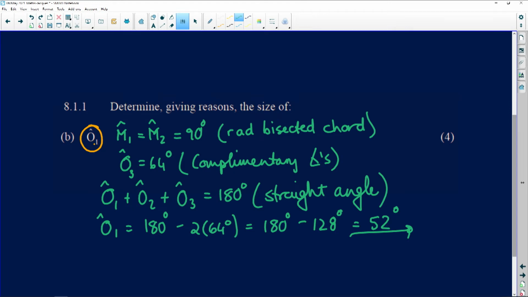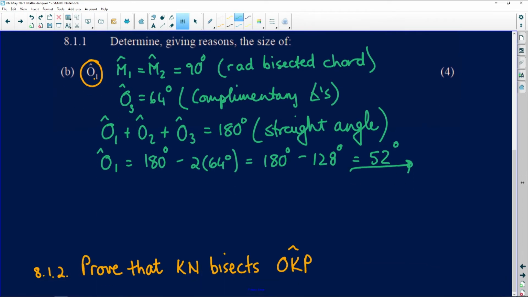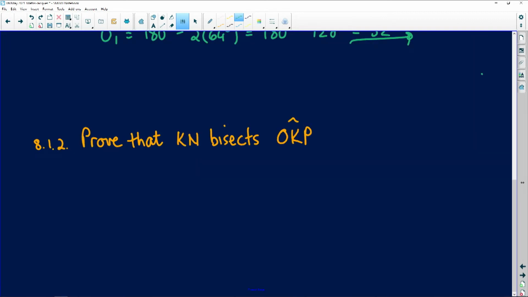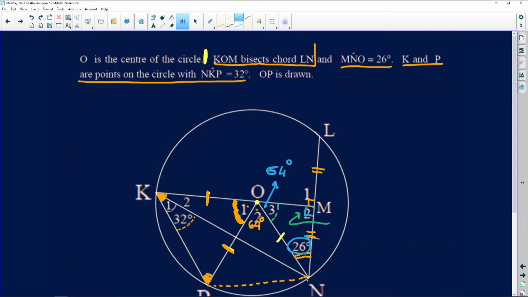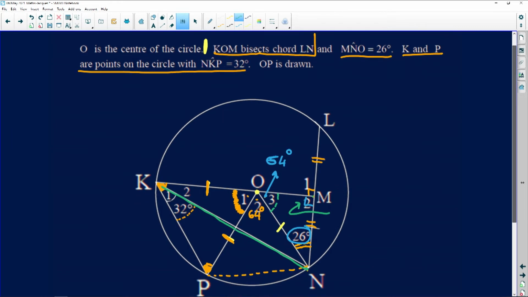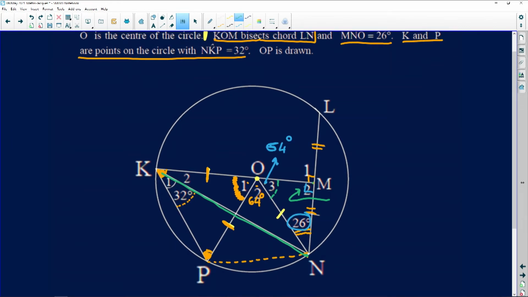Let's see what they want us to find next. The next part of this question says, prove, giving reasons, that KN bisects OKP. Now let's go back. KN lies over there. We must show that it bisects angle OKP. So we need to show that this is 32 degrees, then the angle is bisected.